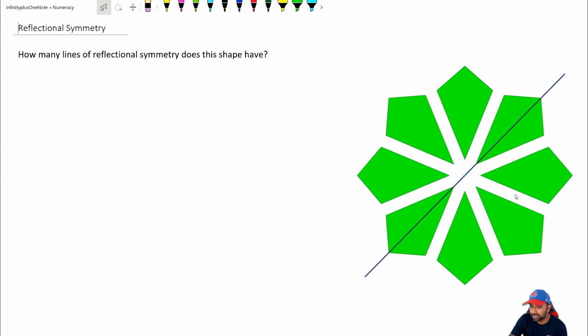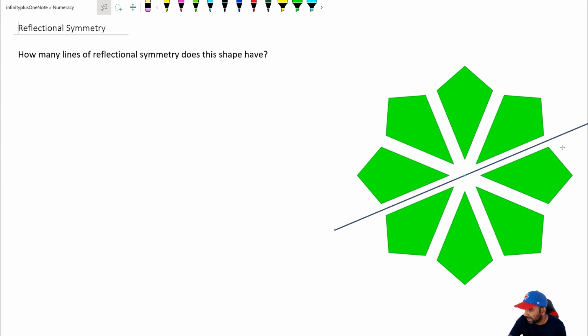So as you can see, you can kind of say that this particular shape has 4 lines of symmetry. But there is one more set of lines of symmetry in this shape that we need to be careful about, and that is somewhere along here. Now, I know that from here to here is 45 degrees, so half of 45 is 22.5. So I'm going to put this there.